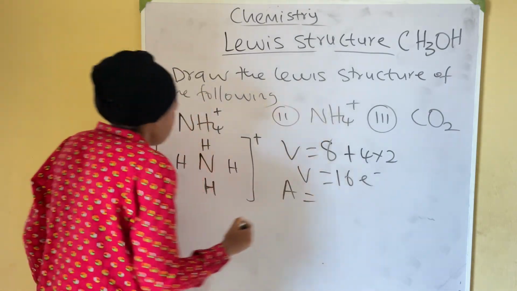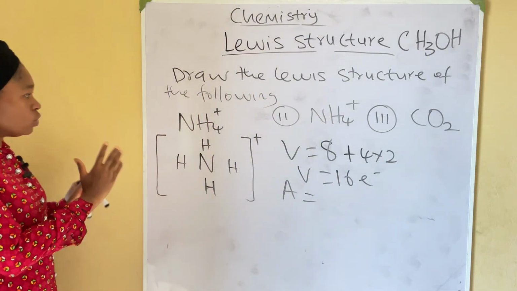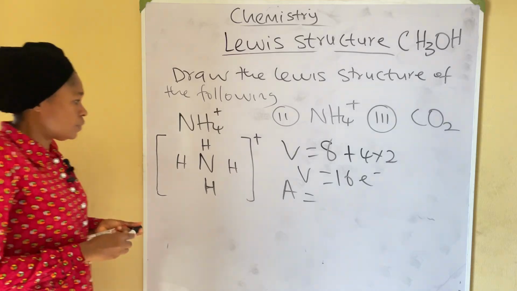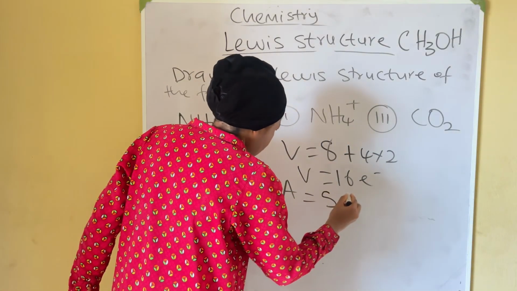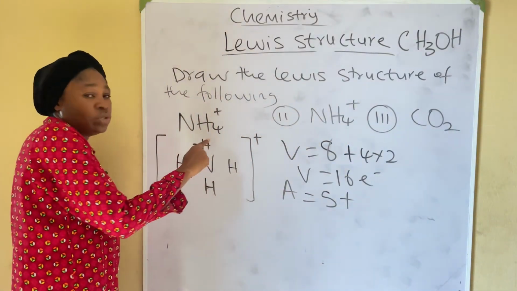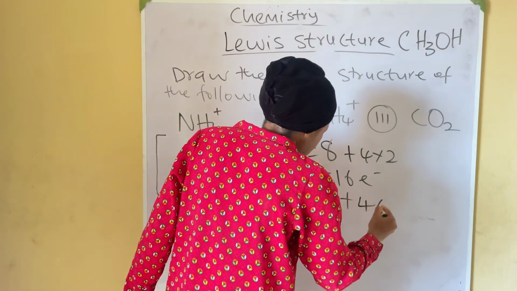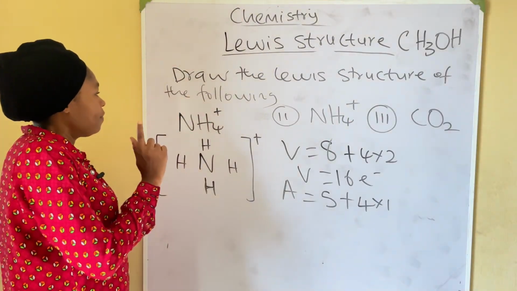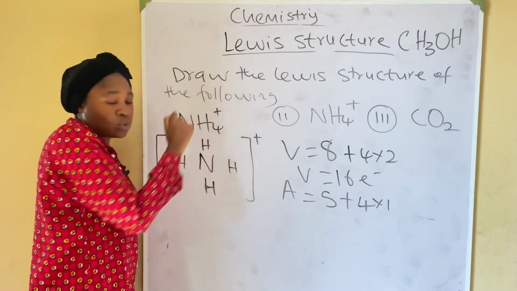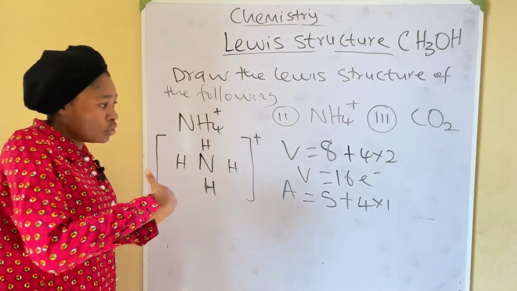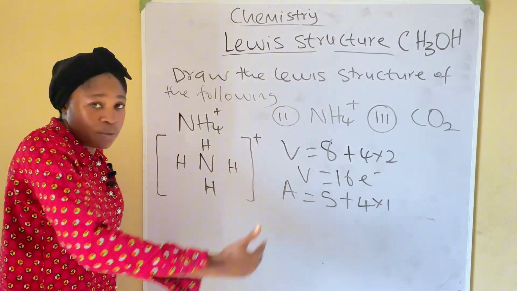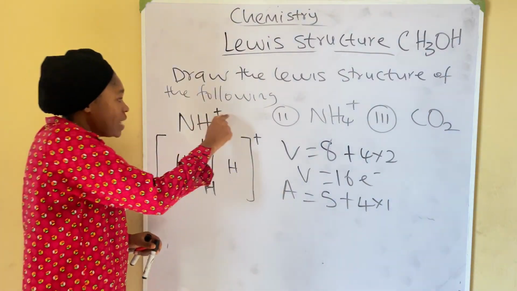What of A? Available electrons. What's the valence electron of nitrogen? It is 5. What's the valence electron for hydrogen? Hydrogen has 1 electron to share, but I have 4 atoms, 4 times 1. When the charge is plus, you do what? You subtract it from the available electron. When the charge is minus, you do what?